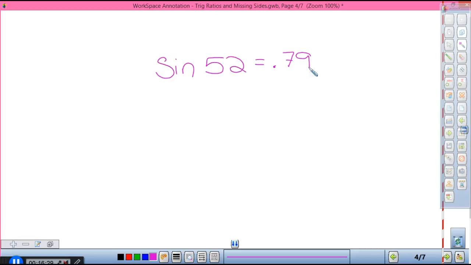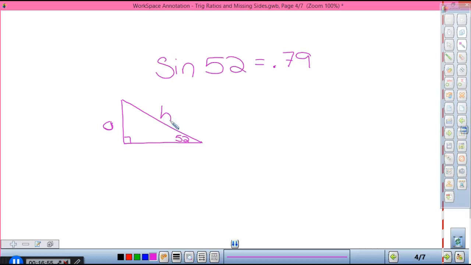That ratio that we get in that fraction that we put is just dividing. Exactly. So that means that anytime I have a right triangle with a 52-degree angle, sine is what over what? Opposite over hypotenuse, right?